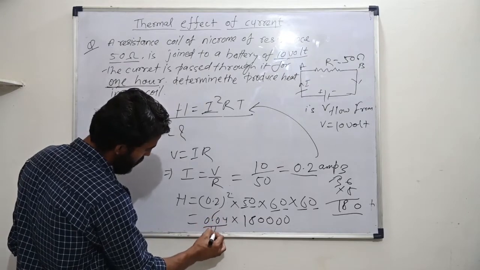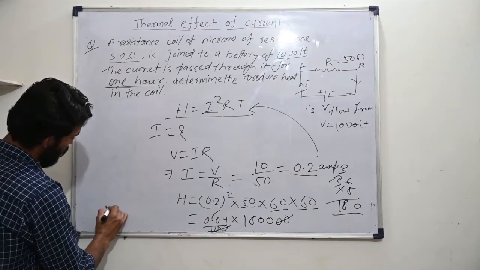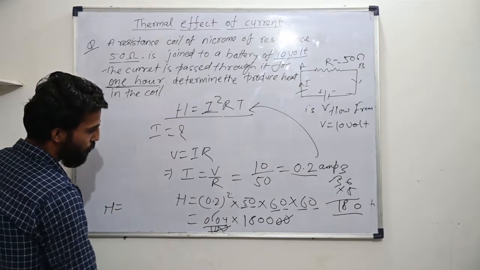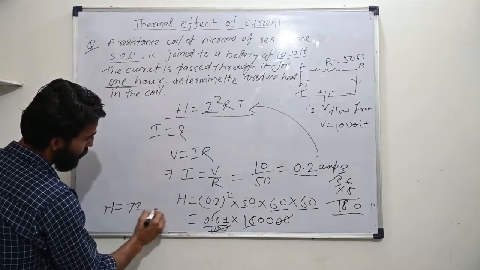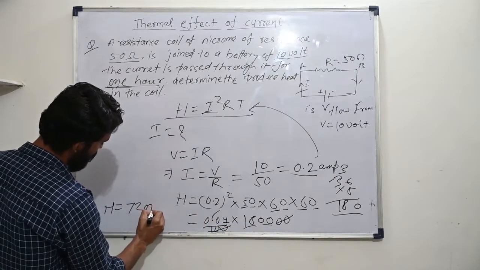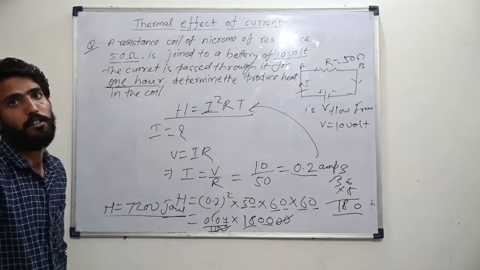By this 100 we can cancel 2 zeros. So we get H equals 18 multiplied by 4, which is 72, and the remaining 0, so 720 Joule. This is the generated heat.